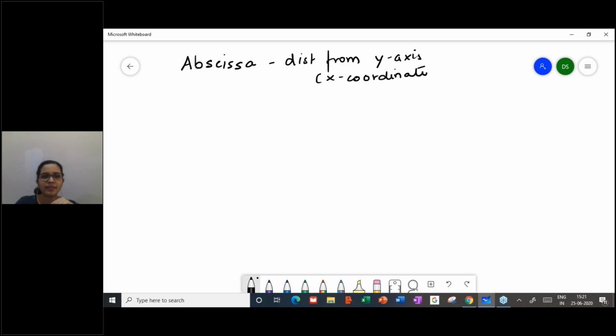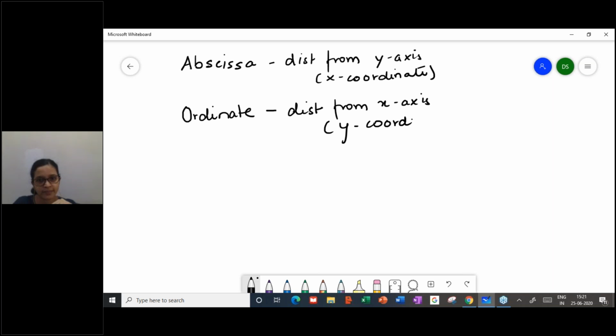Similarly, if this is the distance from the y-axis, you're going to have a distance from the x-axis, right? That distance is known as ordinate. This is nothing but the distance from the x-axis. I'll take up an example and explain. This is nothing but the y-coordinate.